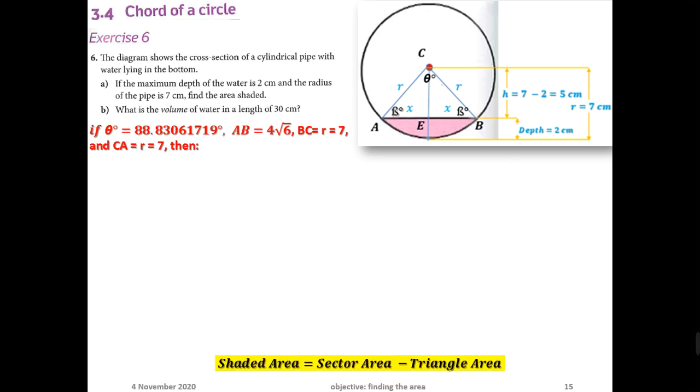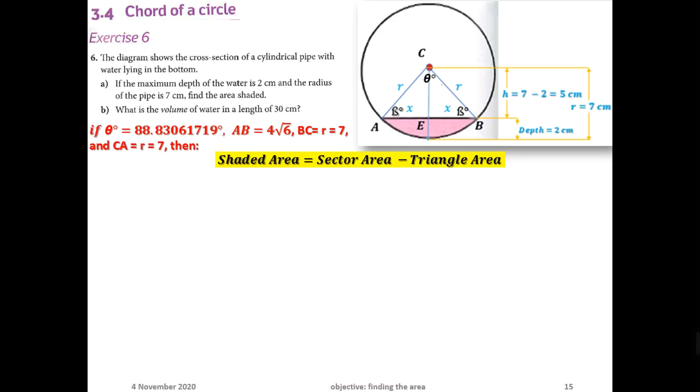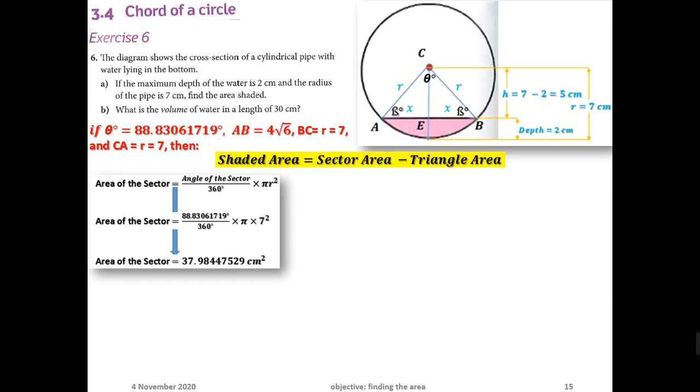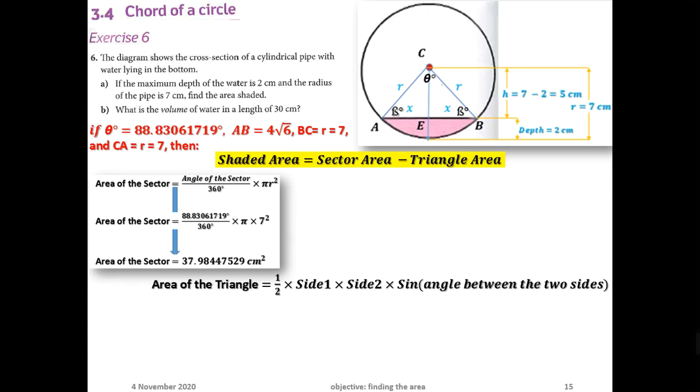Now, so the shaded area, so we found the area of the sector in the previous step, and now we need to find the area of triangle ABC. So it's going to be half times 7 times 7 times sine of the angle between the two sides, which is 88.8.